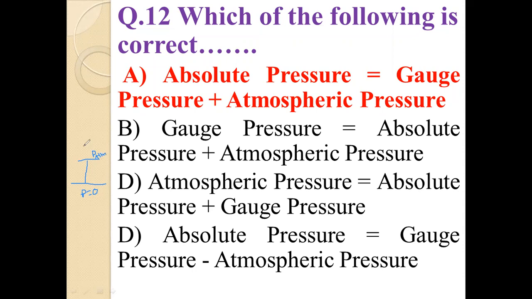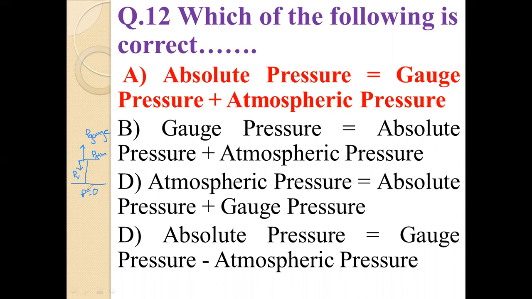When we move further upward, this is known as gauge pressure, P gauge. And when we move downward from the atmospheric pressure, this is known as the vacuum pressure, P vacuum.